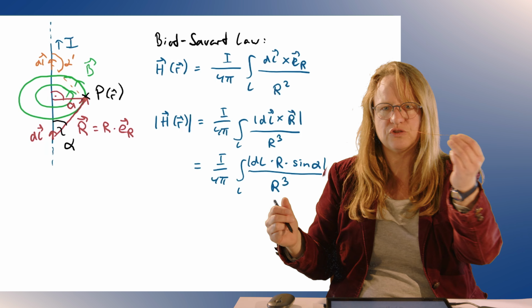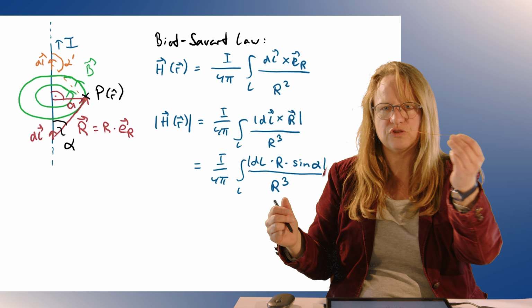So I'm going to transform this integral to I over 4 pi, 0 degrees to 180 degrees, and we are going to integrate over alpha. And now, sine alpha is already an alpha. We have to write R and also the dl as a function of alpha.